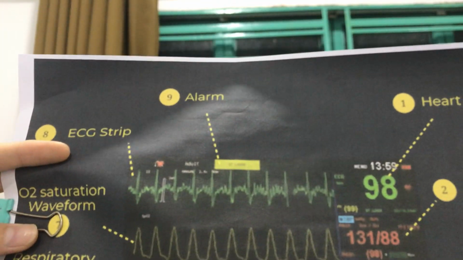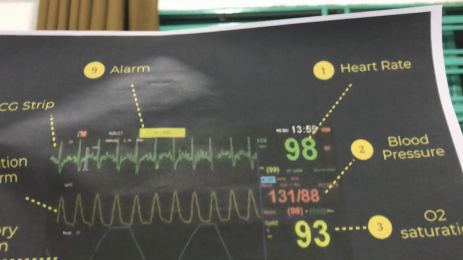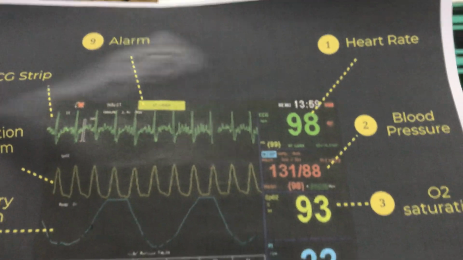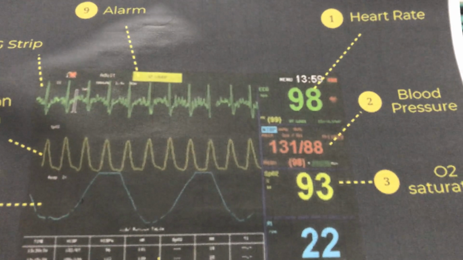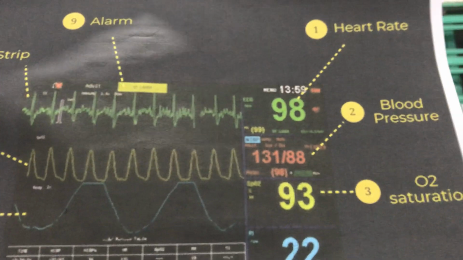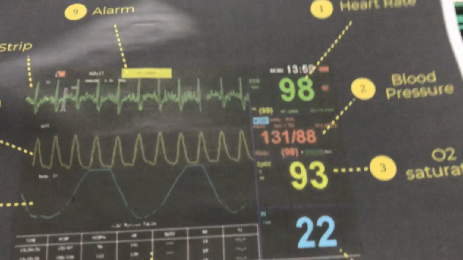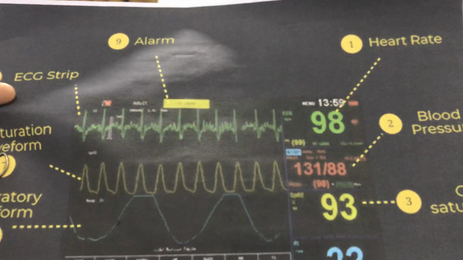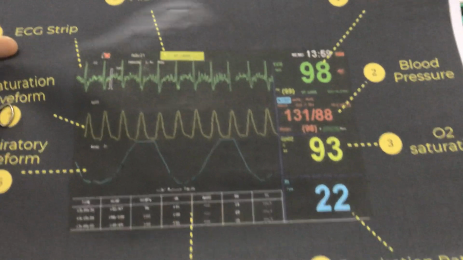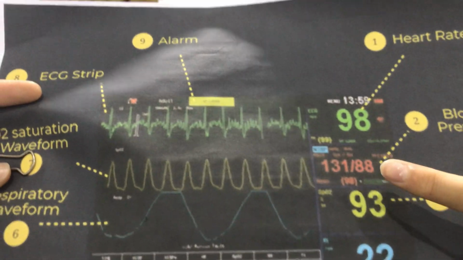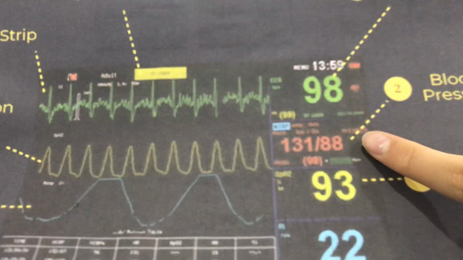Next is the blood pressure. Blood pressure is measured in millimeters of mercury, expressed as a systolic or upper number over a diastolic or lower number, for example, 120 over 80 millimeters of mercury. As you can see, this is 131 over 88 millimeters of mercury.